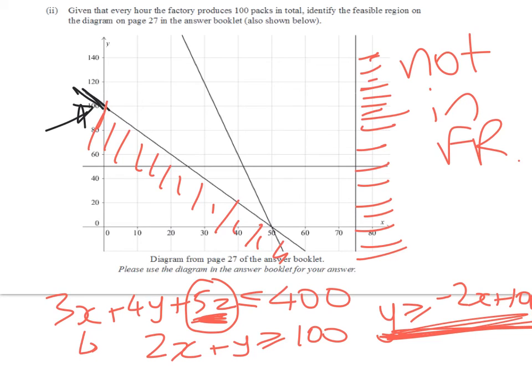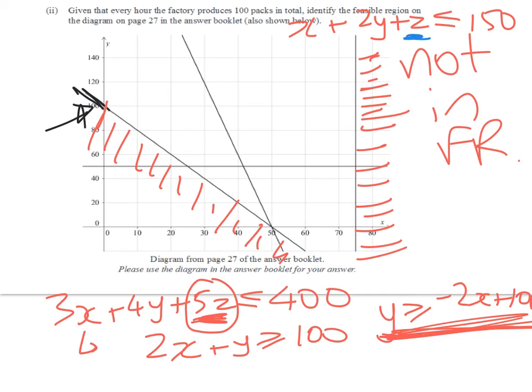Okay, next constraint, I do the same thing. The next constraint is looking at my type C decorations. So it's the one that starts off as x plus 2y plus z less than or equal to 150.